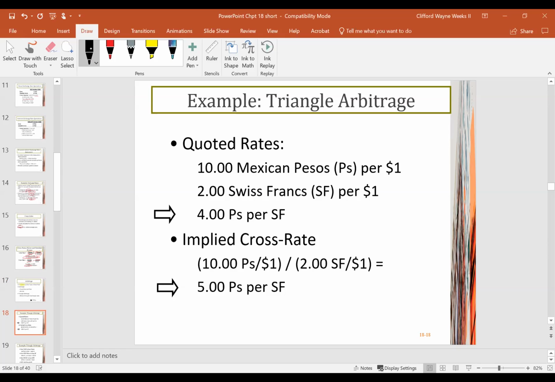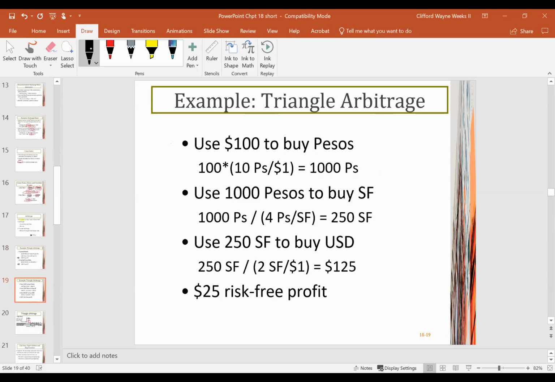And so with this information, we can use 100 US dollars to buy pesos. They made it easy, so for 1 US dollar we end up with 1,000 pesos. We're going to take those pesos and buy the Swiss francs, and using that 4 pesos per Swiss franc, we're able to buy 250 Swiss francs.